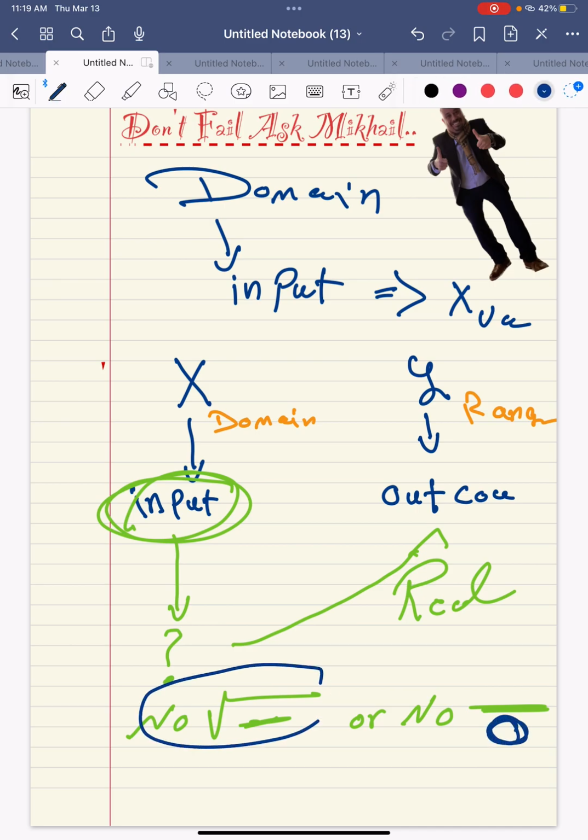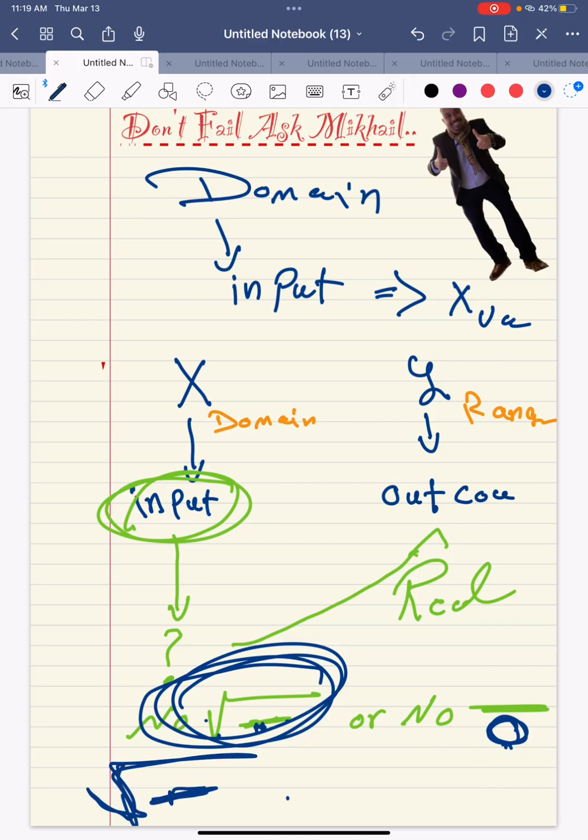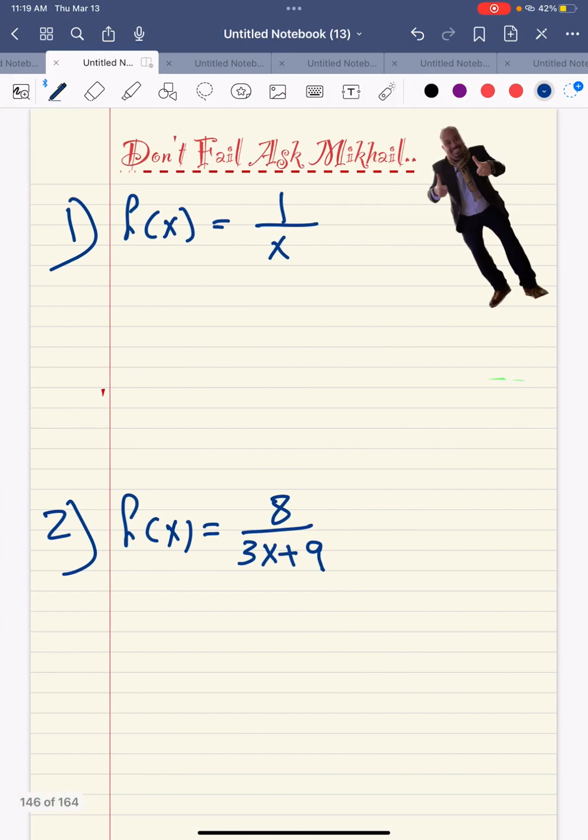So we're looking for these two things: negative under a radical and 0 on the bottom. Let's see a couple examples. Please put in your mind that you cannot have a negative under a radical, that's i, imaginary. And you cannot have 0 on the bottom because that is undefined. So let's see some examples.